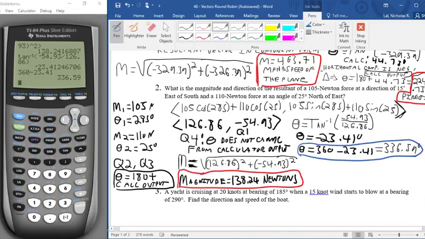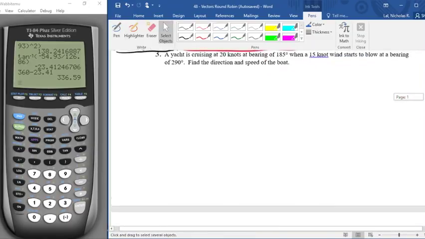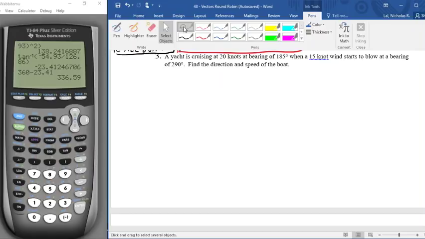Let's go to problem number 3. A yacht is cruising 20 knots at a bearing of 185 when a 15-knot wind starts blowing at a bearing of 290. Find the direction and speed of the boat. So here we don't have to do any conversions. We can just go straight to the components.